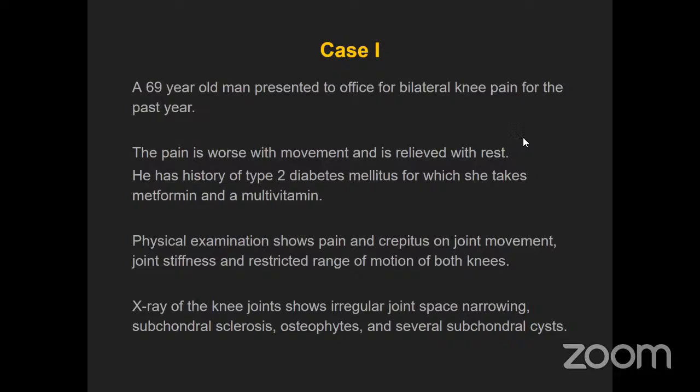Physical examination shows pain, crepitus, joint stiffness, and restricted range of motion for both knees. X-ray of the knee shows irregular joint space narrowing, subchondral sclerosis, osteophytes, and several subchondral cysts.